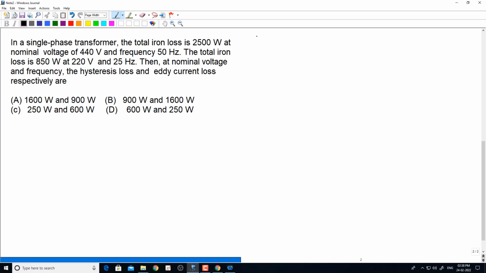So, given data. What is given? Total iron loss, which means hysteresis plus eddy current loss, is equal to 2500 watts at voltage V equal to 440 volts and frequency equal to 50 Hz.